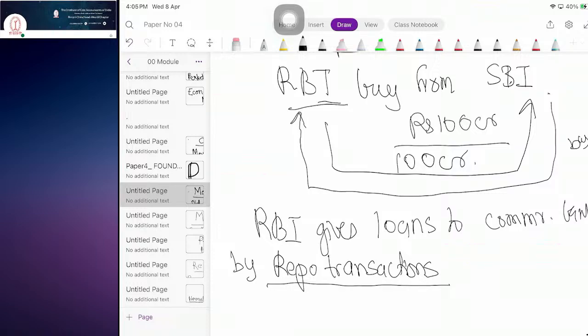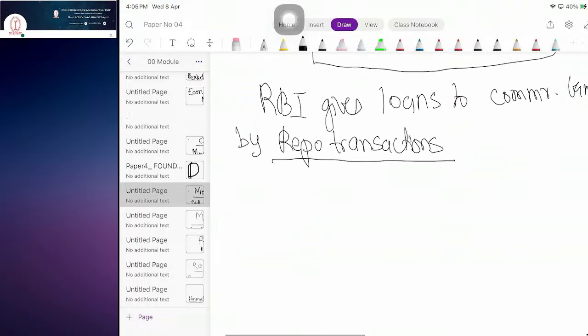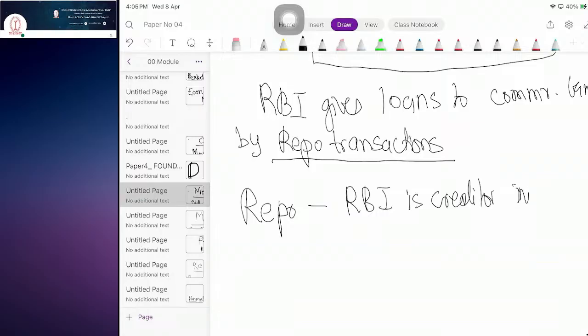Okay, so let us look at reverse repo. In a repo transaction, RBI is the creditor initially, or let us say RBI gives funds to the commercial banks.